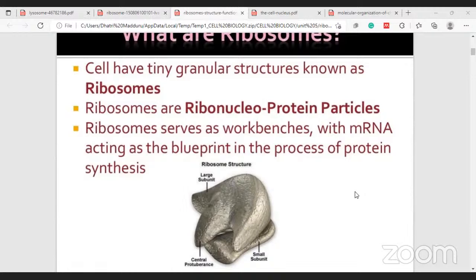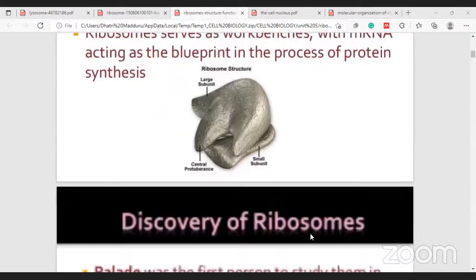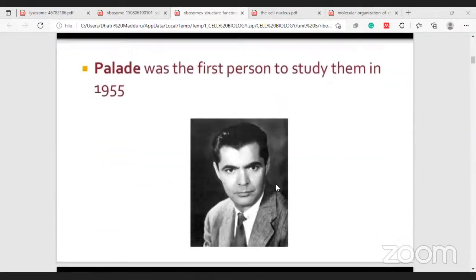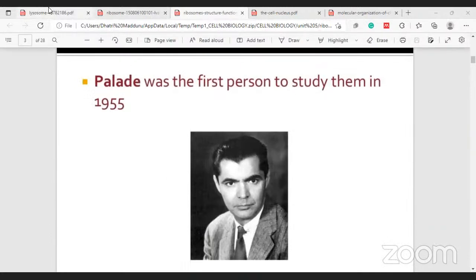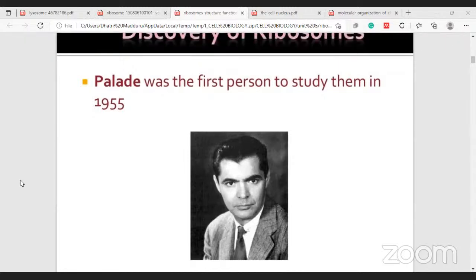Here, the mRNA acts as a blueprint for the process of protein synthesis. So we have DNA replication, then transcription, translation. These are all called the central dogma of molecular biology. It is nothing but how gene expression takes place.